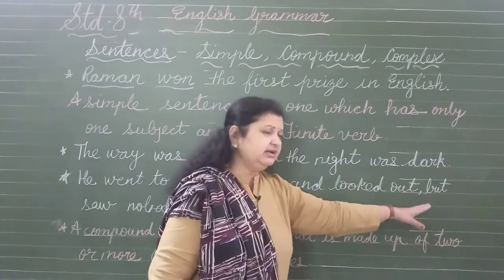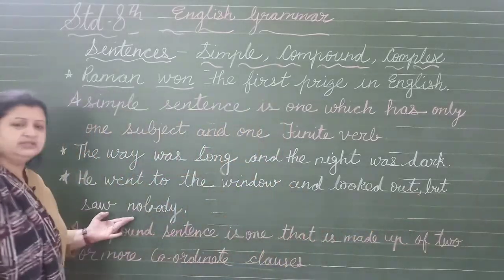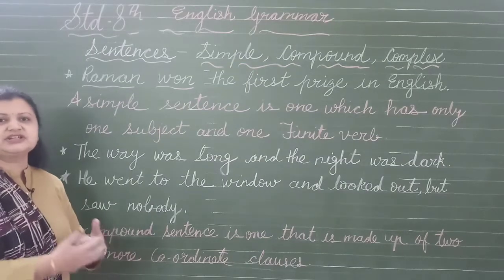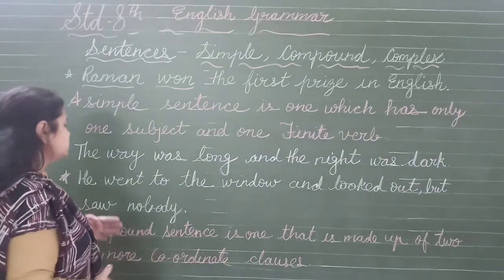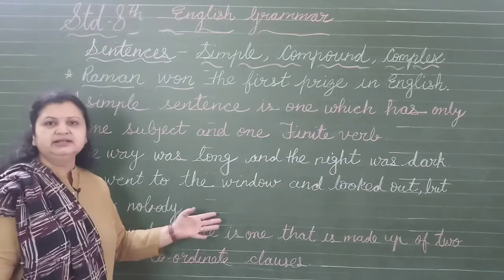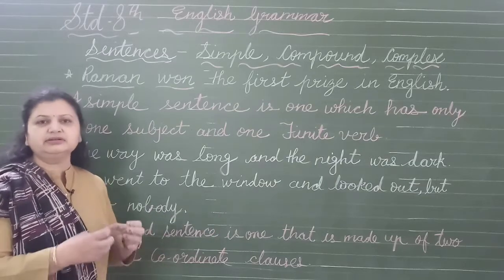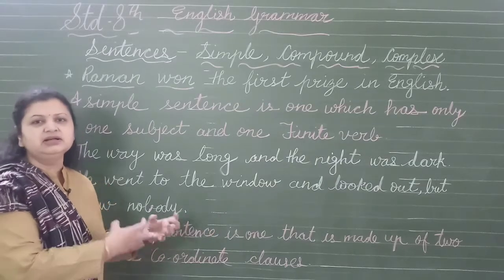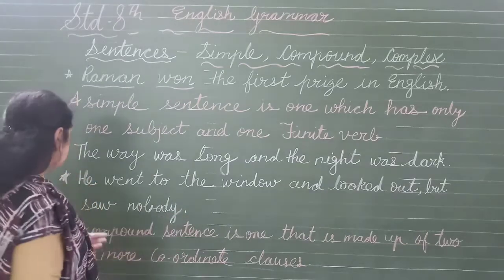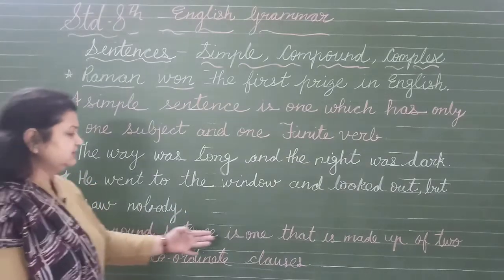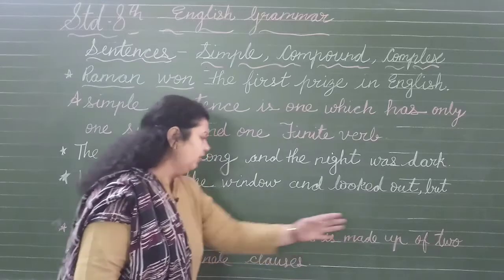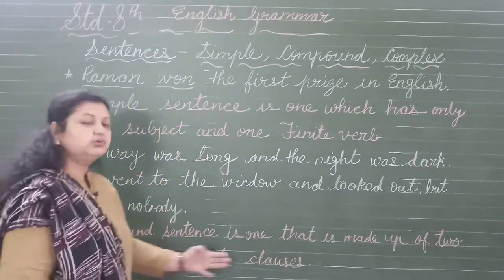And he saw nobody is also one sentence which can stand alone. So now you see that many coordinate clauses are given here. A compound sentence is one that is made up of two or more coordinate clauses.